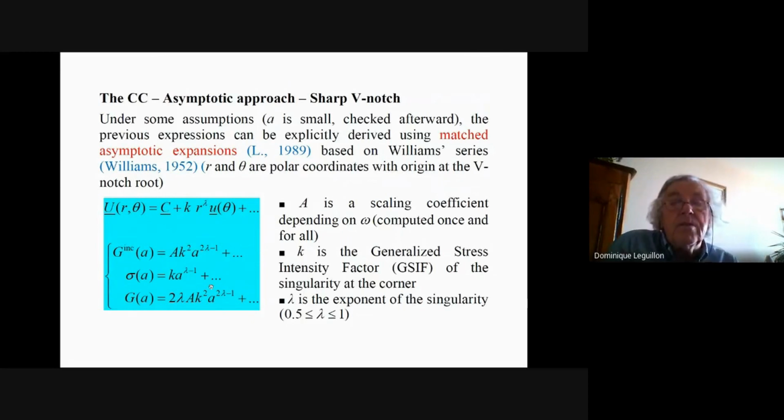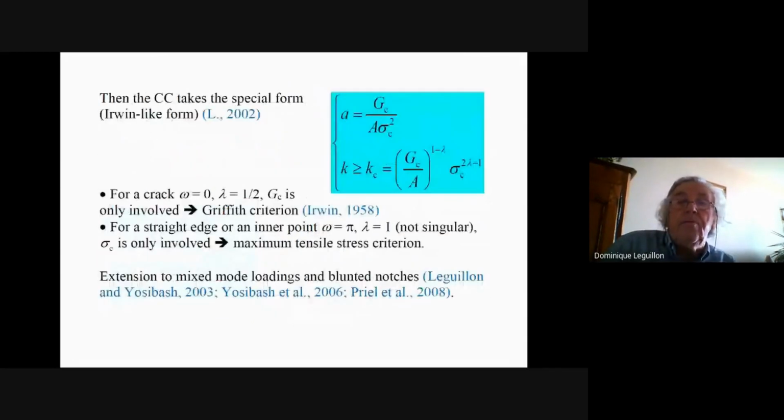With this condition we can solve the problem, calculate A this way, and then calculate the critical value of the generalized stress intensity factor at failure, defined in this way.